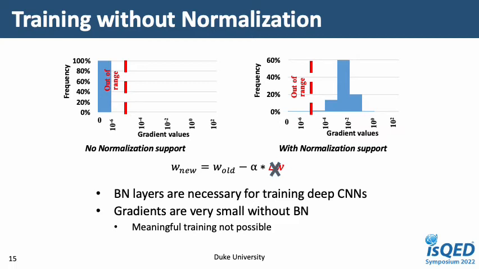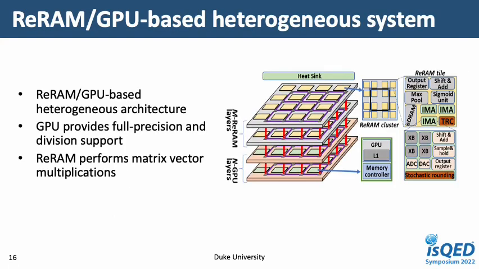But unfortunately, because these layers require division and square root operations, we may not be able to use ReRAMs for these purposes. So to address these problems, we propose a heterogeneous system which uses both ReRAM and GPU. Here the idea is to use the ReRAM's capability of doing matrix vector multiplication and also utilize the GPU's capability to do more general purpose computing like division and square root to train big and complex neural nets.